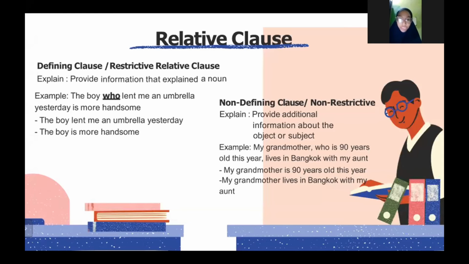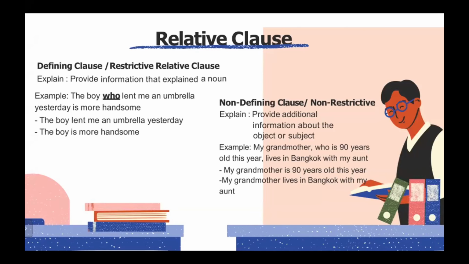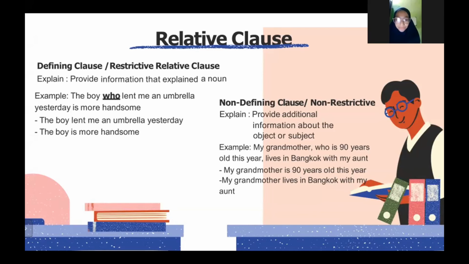defining and non-defining clause. Okay, the definition of defining clause and non-defining clause.